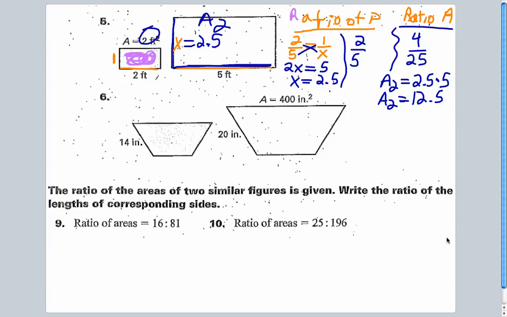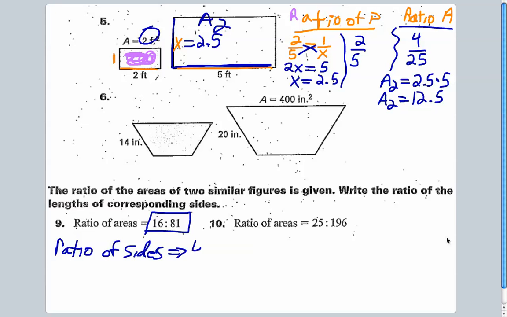Let's go down to this last one, number 9 and 10 here. Number 9, I want to find the ratio of the lengths of the corresponding sides. If I've got the ratio of the areas, then the ratio of the sides is going to be the square root of both of those things.